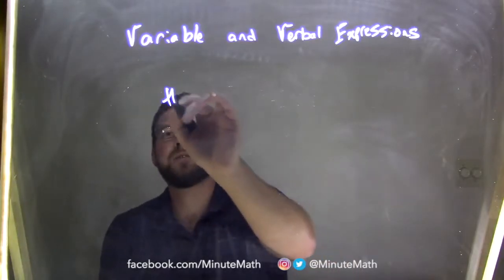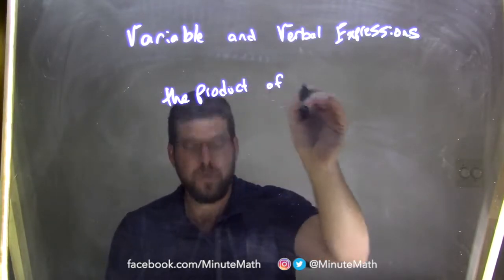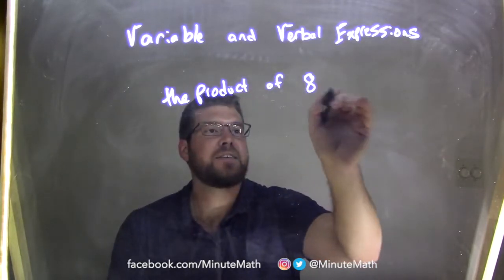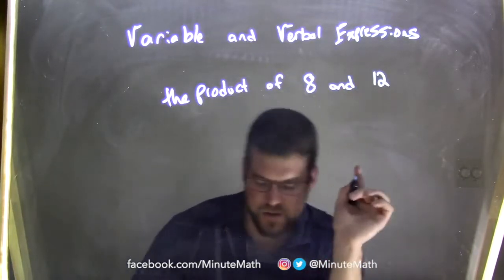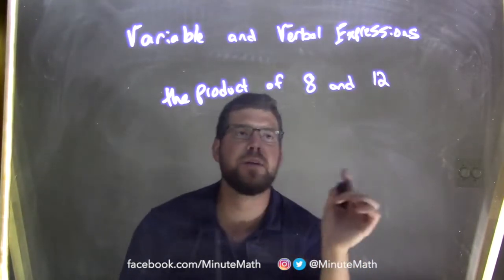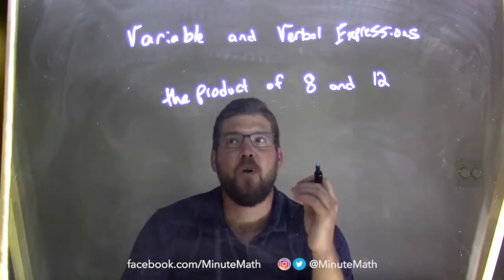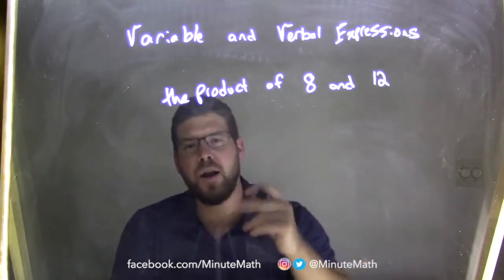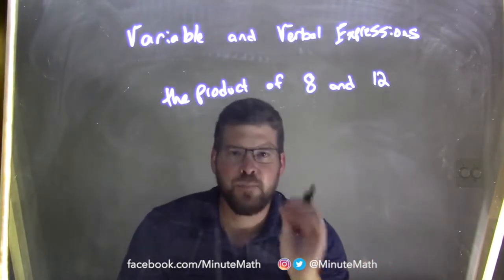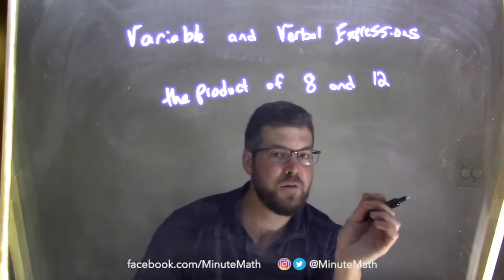The product of 8 and 12. So if I was given the product of 8 and 12, I would rewrite that as a variable expression by taking apart what was written up here. The product, the first thing I think in my head is multiplication. So I'm thinking multiplication, the product of 8 and 12.